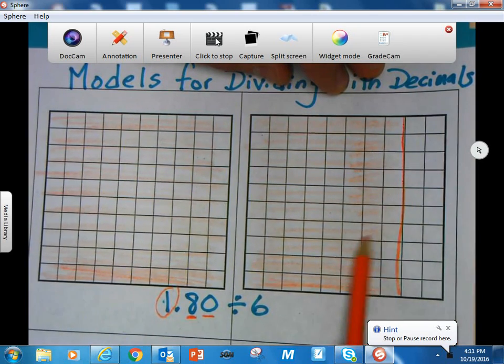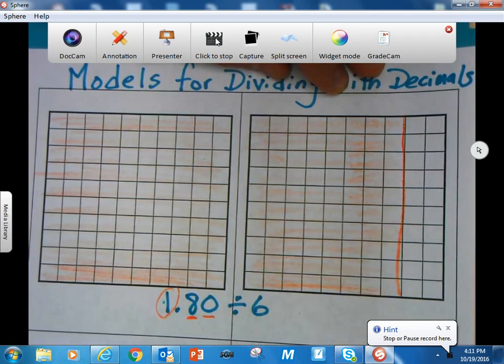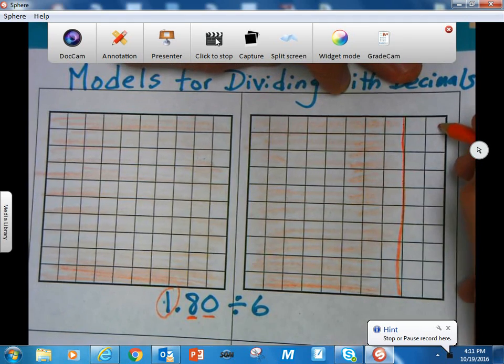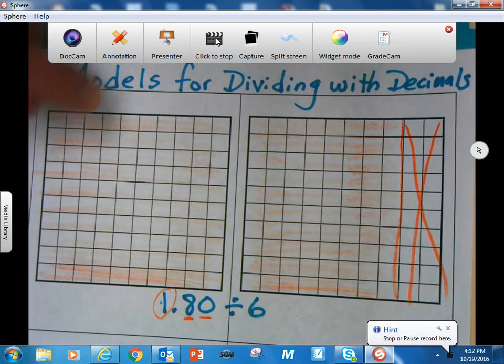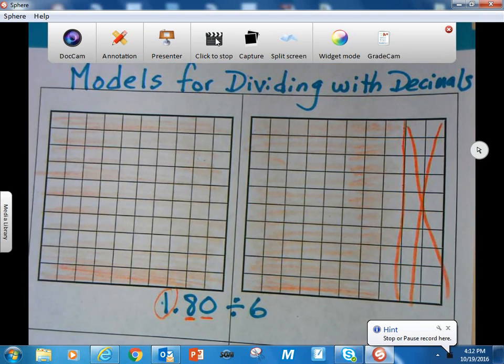Now I want to divide this 1 and 80 hundredths. So we're not looking at this part here. It's crossed off. We're looking at the 1 and 80 hundredths, and I want to divide it equally into 6 parts. Well, to determine how many parts that is, I could do a simple equation here.